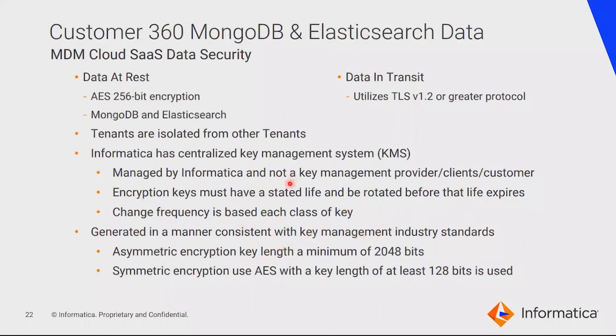So here we're talking about the data at rest and data in transit security of the Informatica SaaS product for MDM. As you can see, the MDM solution itself provides very good security mechanisms and checks and balances. And the security keys are generated in a manner consistent with industry standards.